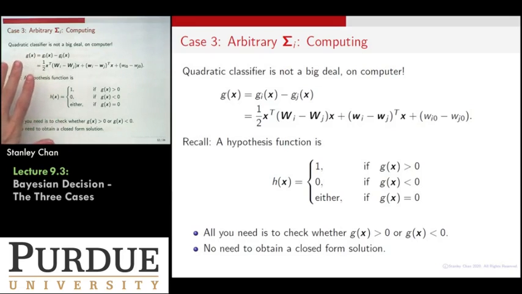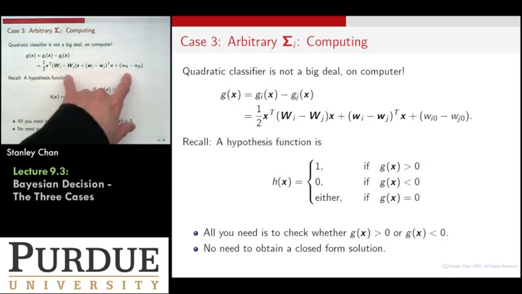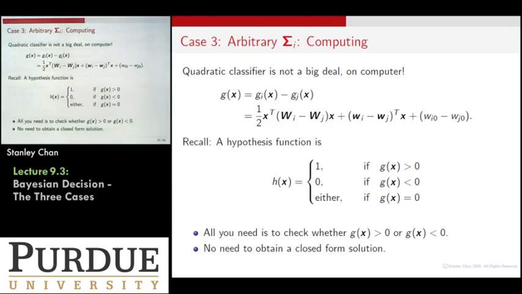I will ask you to construct a Gaussian distribution from the data set, and then I will ask you to tell whether a certain data point belongs to class 1 or class 2. And the two Gaussians will not be the same, both in terms of the mean vector and also the covariance matrix. But don't worry, all you need to do is to construct this discriminant function and calculate this score for the testing data point. Bigger than 0, class 1, less than 0, class 2.